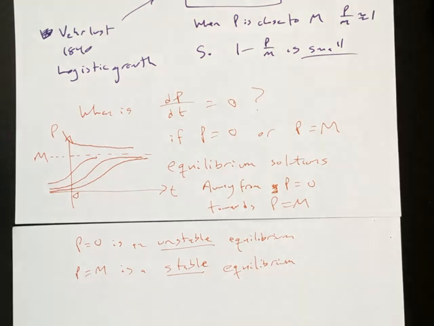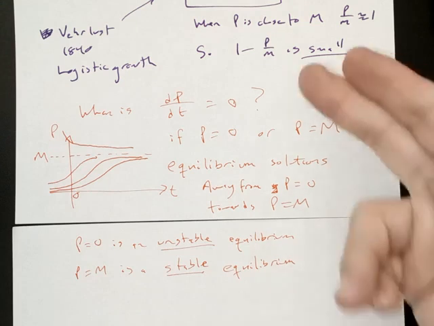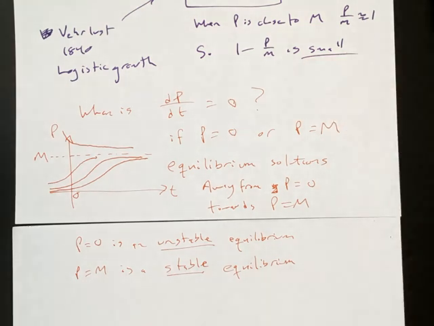So you could say, just by looking at those pictures, that over time, this logistic model will settle down to a population close to M, whatever that upper threshold is.